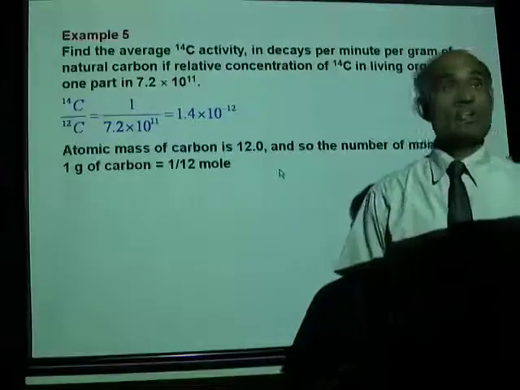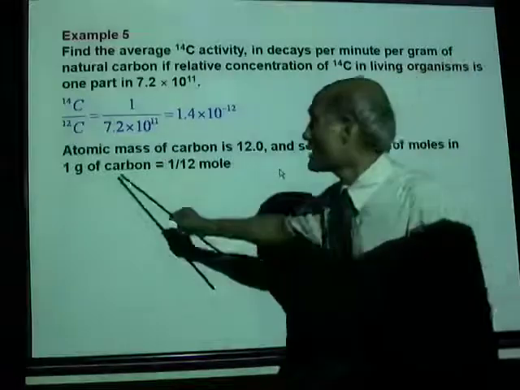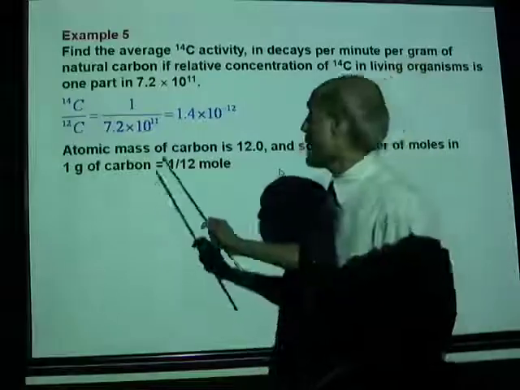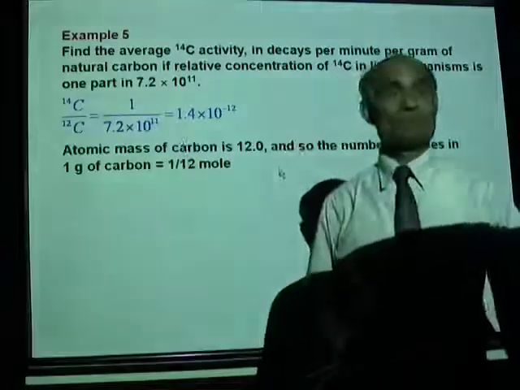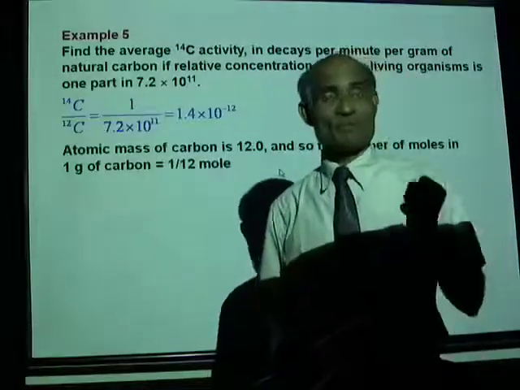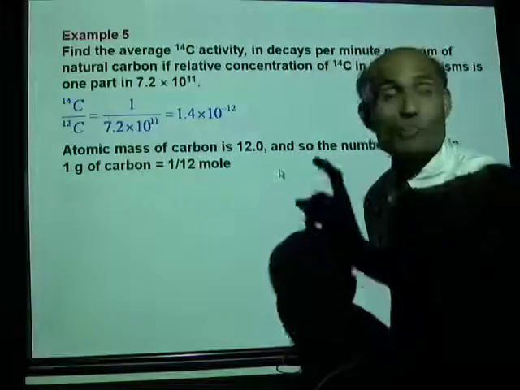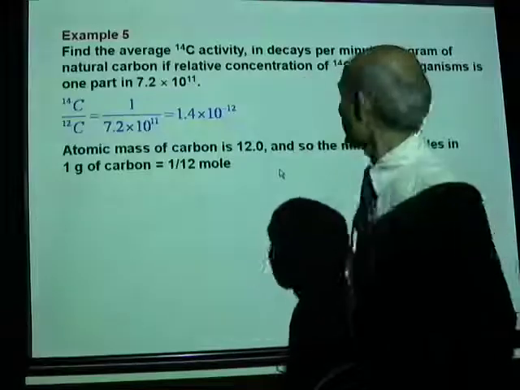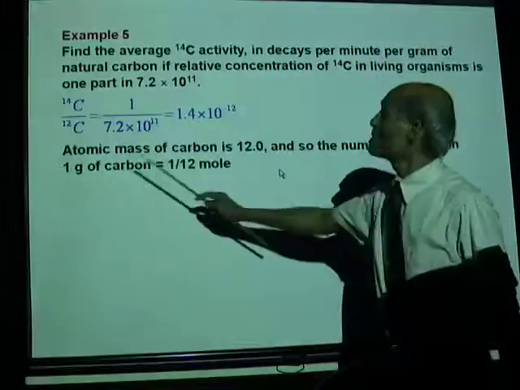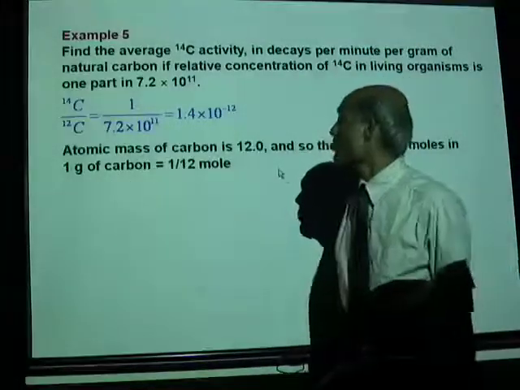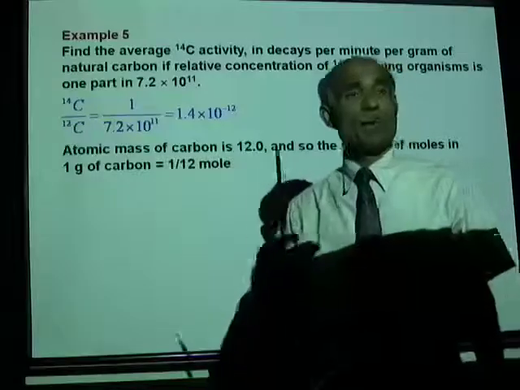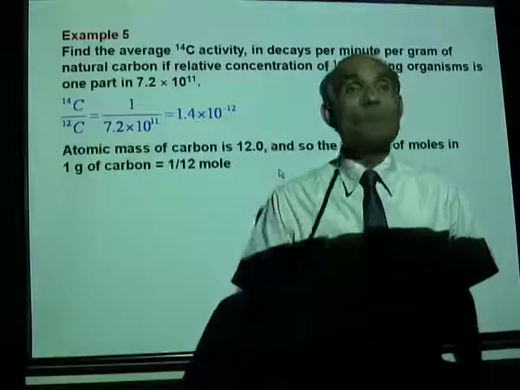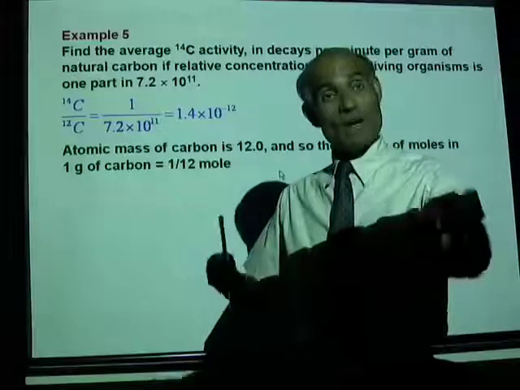And so the number of moles in 1 gram of carbon is 1/12 mole, because atomic mass is 12 means 1 mole of carbon is 12 gram, isn't it?